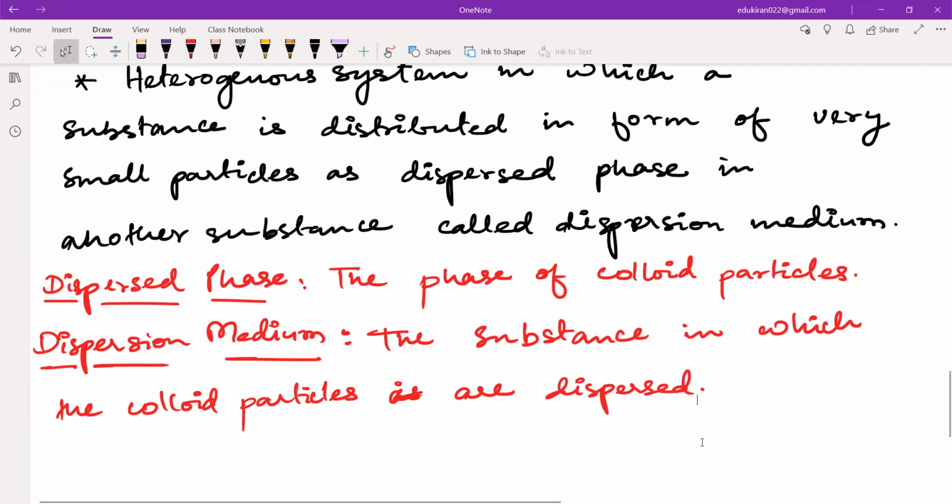Next we have classification of colloidal solution.